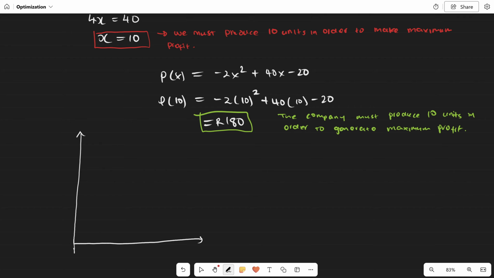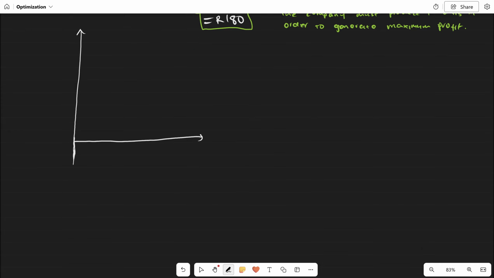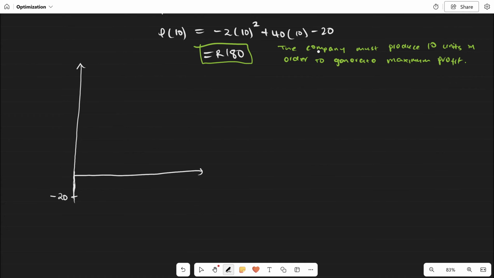If this is your negative 20, which is our y-intercept, you would see that the function looks something like this.